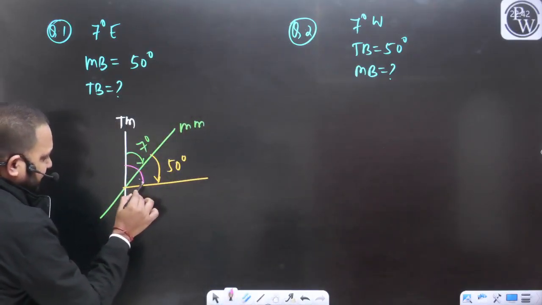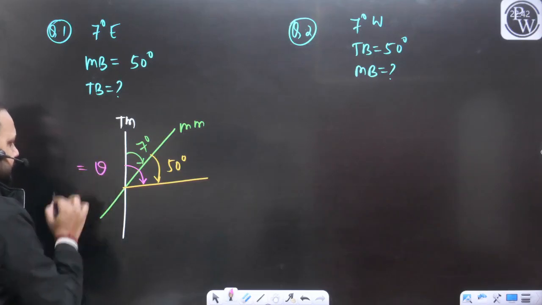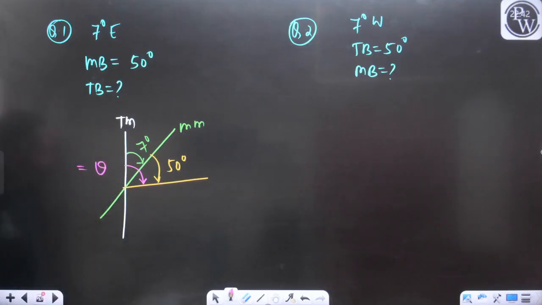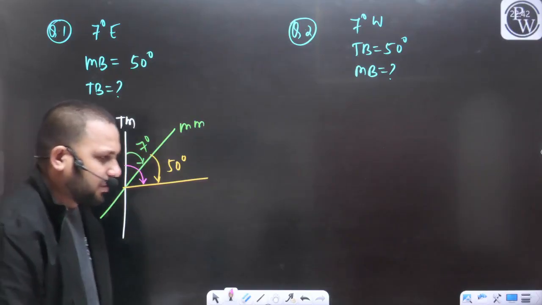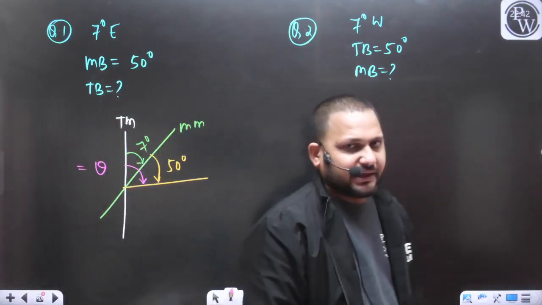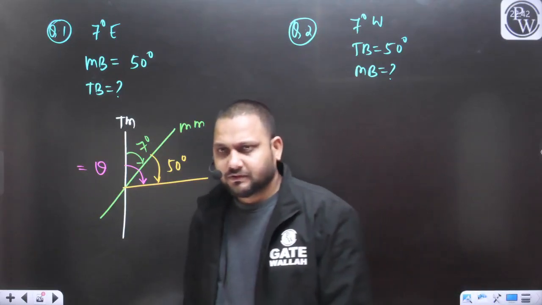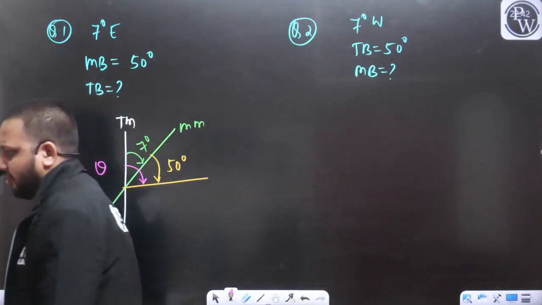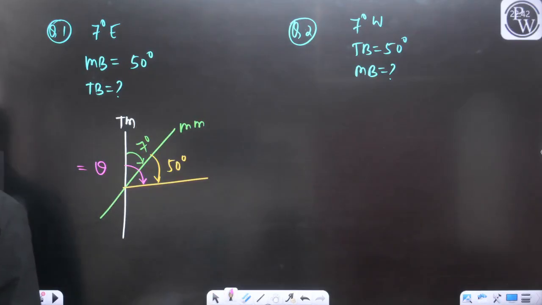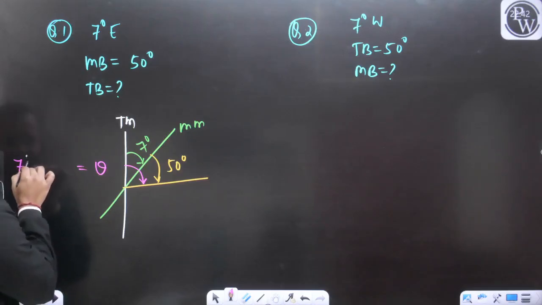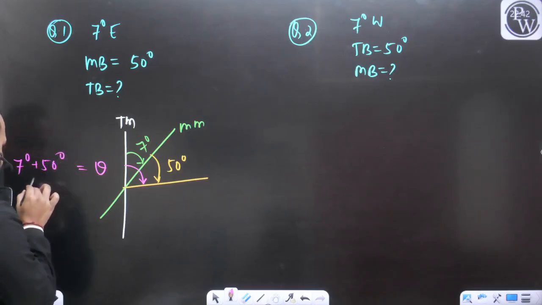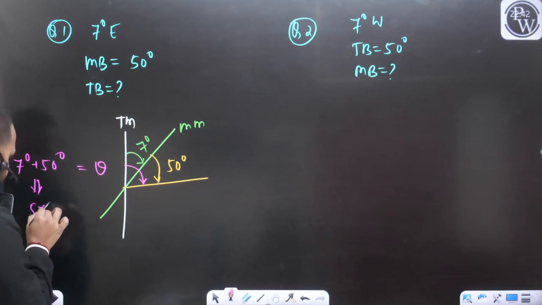They have asked about this angle theta. If we want to define the true bearing of any line, we need to measure the angle from the true meridian. Yes or no? That is the very simple thing. So this theta we can write as 7 degree plus 50 degree, and that answer is going to be 57 degree.